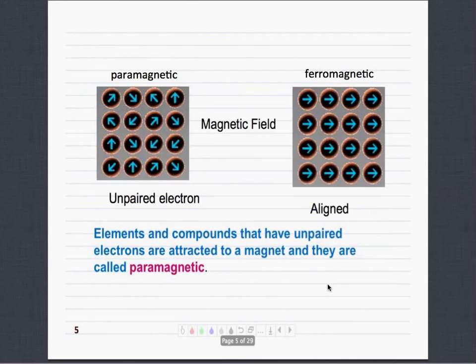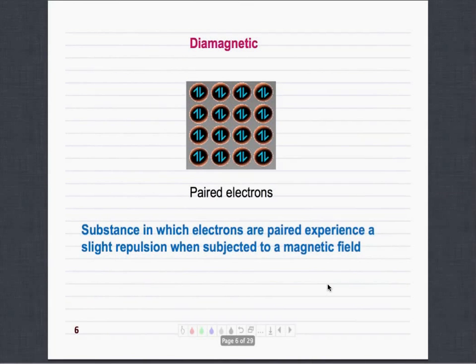Now, let's see what's the definition of diamagnetic. We know that diamagnetic is the material that has all its electrons paired, which is in this way. Even if I put it in a magnetic field, it's not going to be able to change because the electrons in the same orbital must have opposite spins. So this substance, which is diamagnetic, is usually repelled by the magnet.